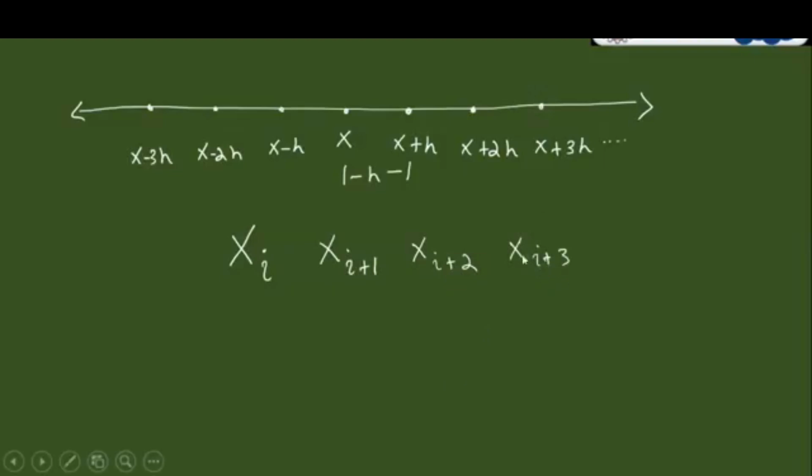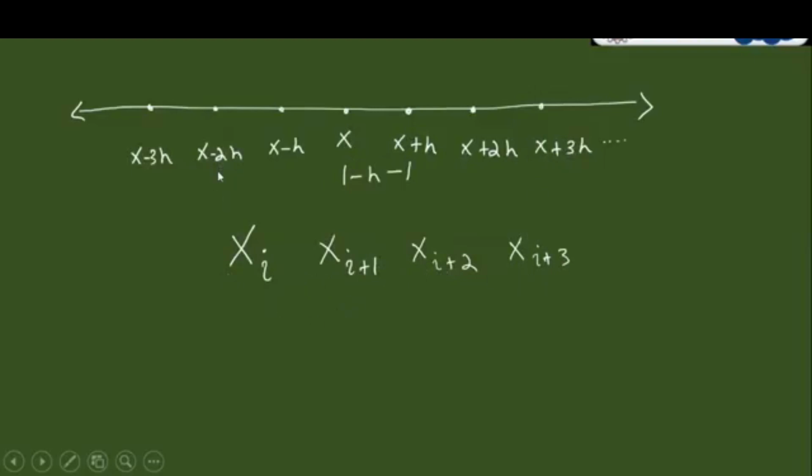So i plus 3 means the value situated 3 units of h ahead. So that's the main point. Here you have noted I am not writing anything with h. I'm just indexing them. These are the magnitudes of the values, and this is just their index.